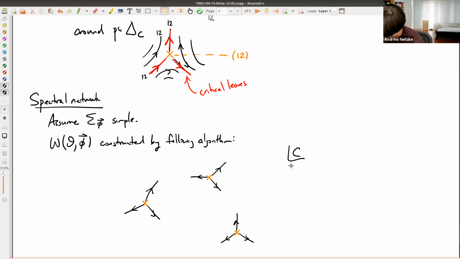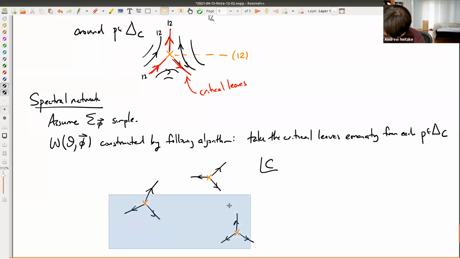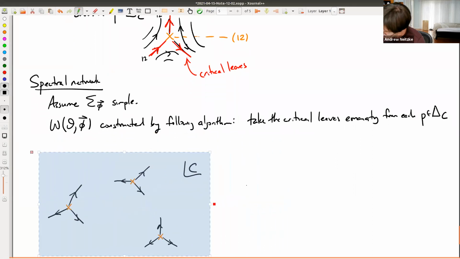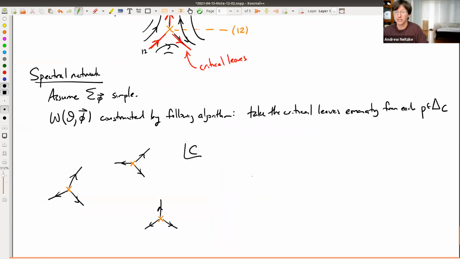This picture is on C. So we first take the critical leaves emanating from each branch point. In the case of a quadratic differential, that was the critical graph you get by just taking the critical leaves and doing nothing else.